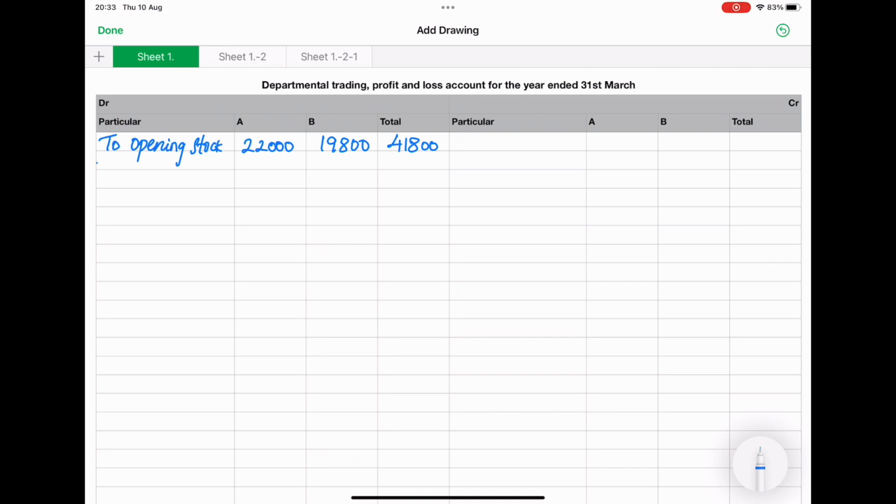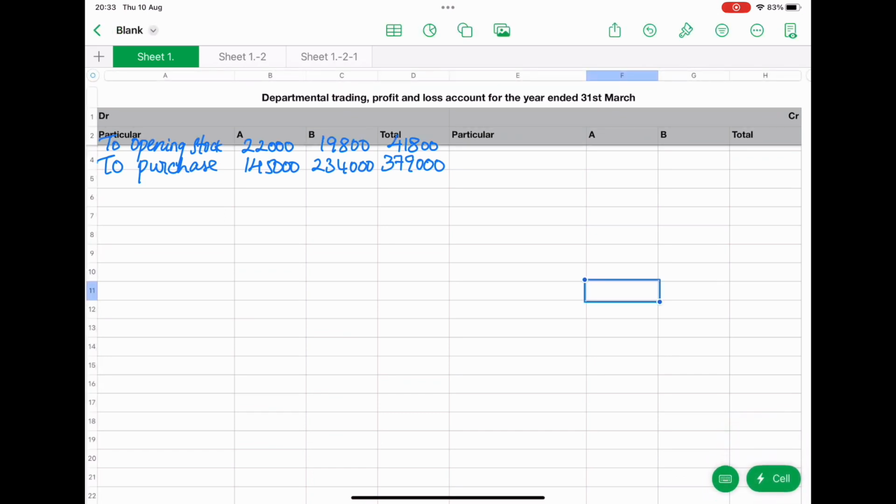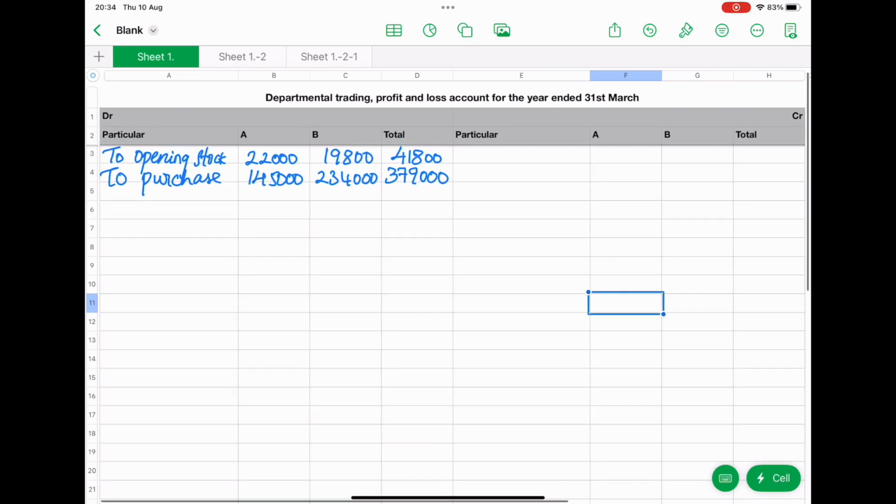Next, purchases. To purchases they have given for department A 1,45,000 and B 2,34,000. If we add both, we get 3,79,000.